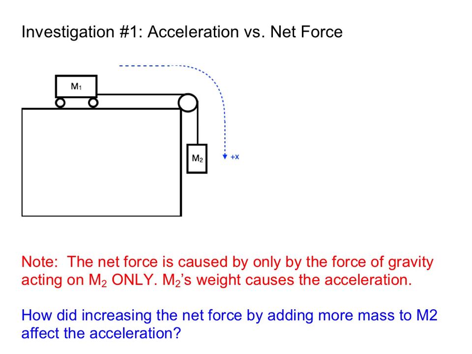So in our pre-lab discussion, we talked about the forces acting on the system. If we were to define the system as the carts, the string, and the hanger that was falling.